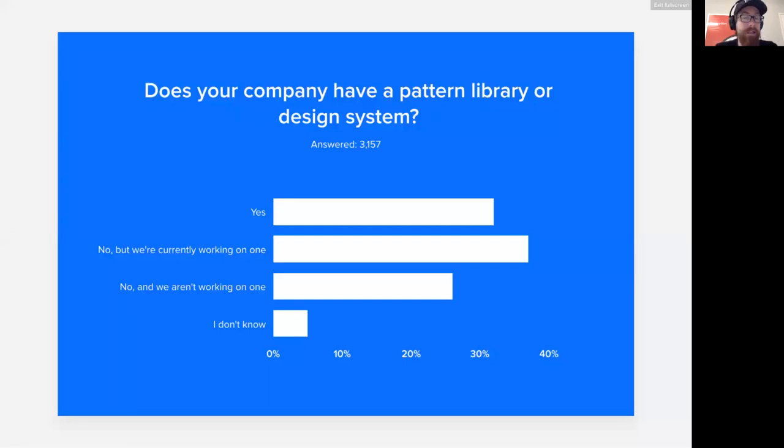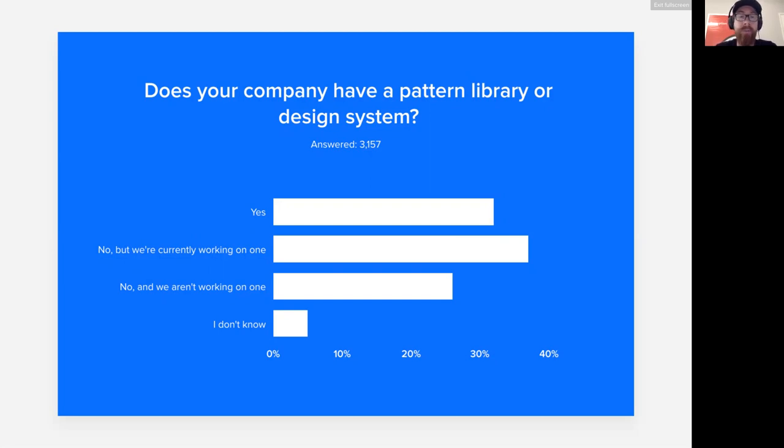And amazingly, over 30% of the people, 39 I believe was the correct number, answered that yes, they already have a pattern library or a design system, but even more people are currently working on it, right? So two things added up really nicely.